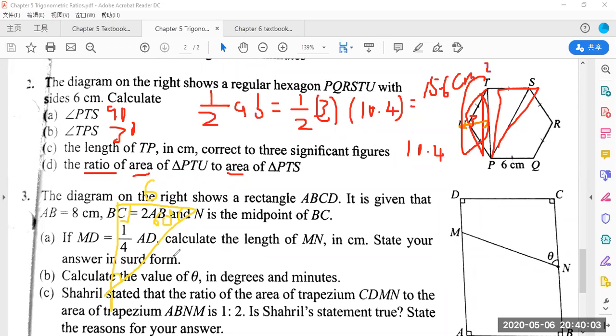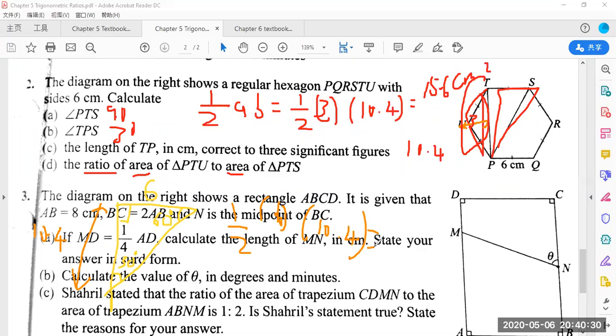So for this triangle, we need to find this length. This length we already got, 10.4 and 6. So we use half, 6 and then 10.4.